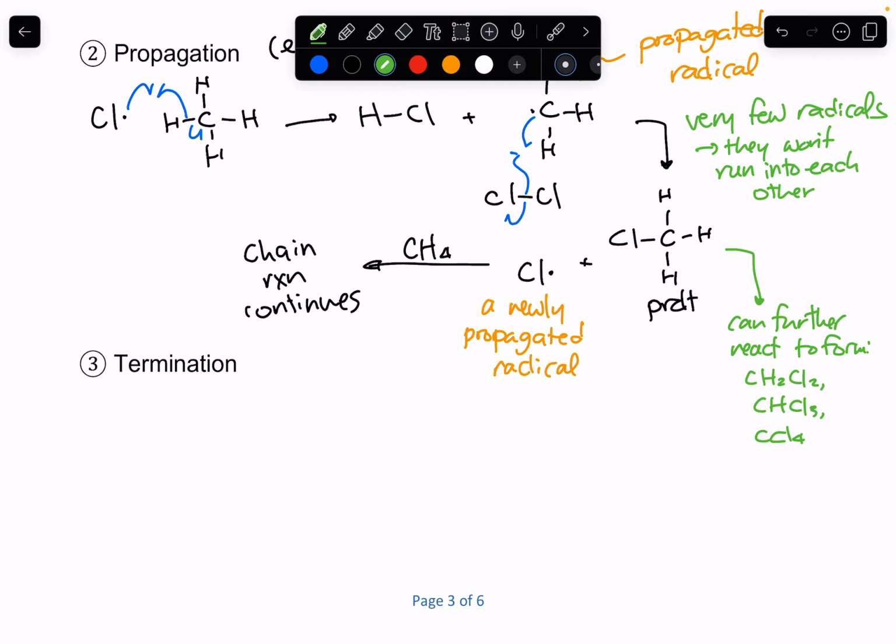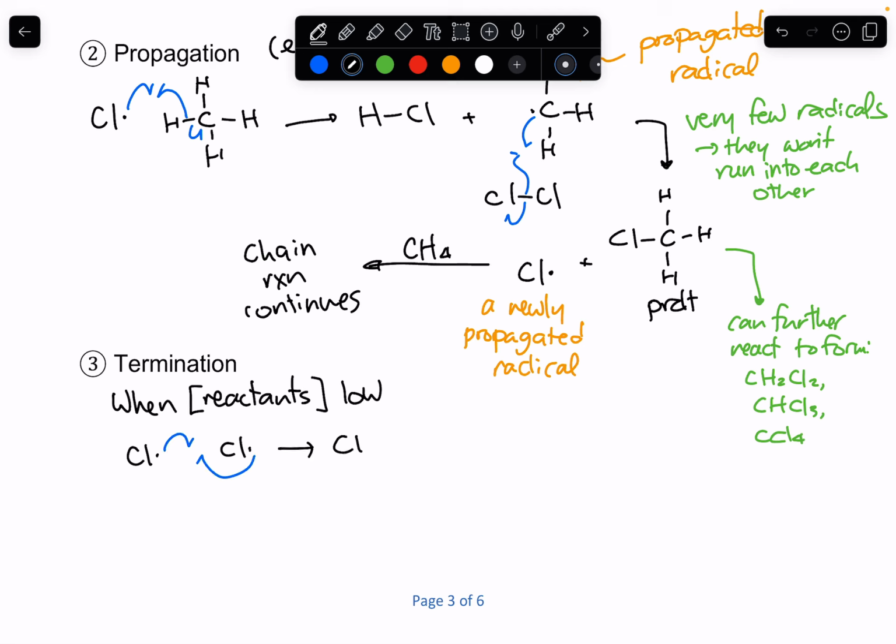Now, in the end, all good reactions have to end. So how does it end? When the reactant concentration, that's what the bracket means, remember, gets low, then it's possible that some radicals can run into each other, like maybe the two chlorine radicals will run into each other.